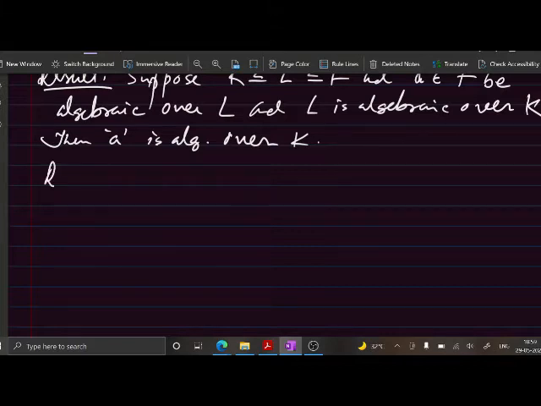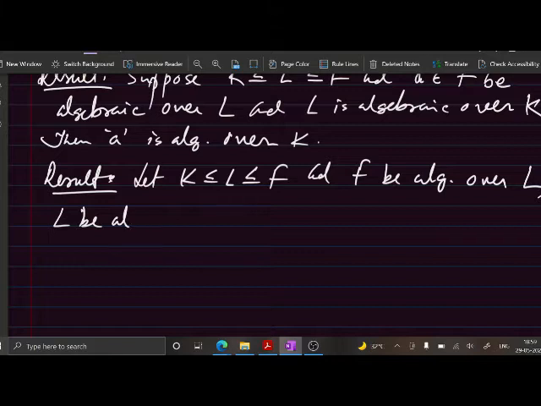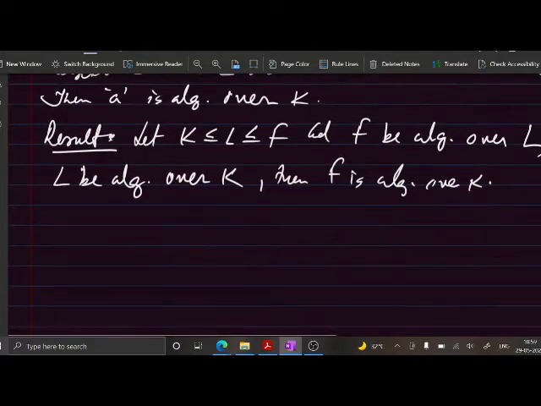You can also check that. Let K be less or equal to F, L less or equal to F, and F be algebraic over L, L is algebraic over K. Then it is true that F is algebraic over K. Okay.